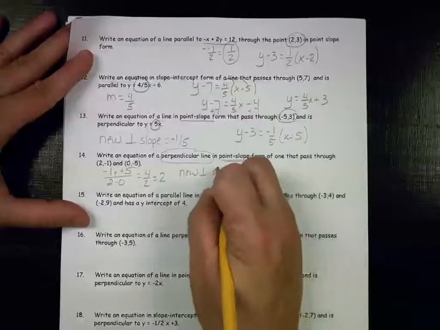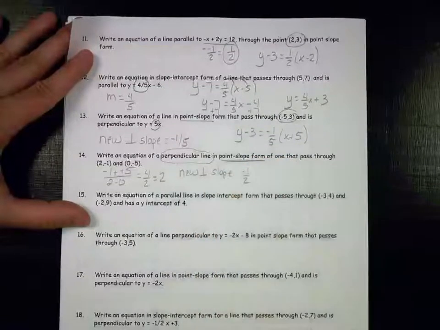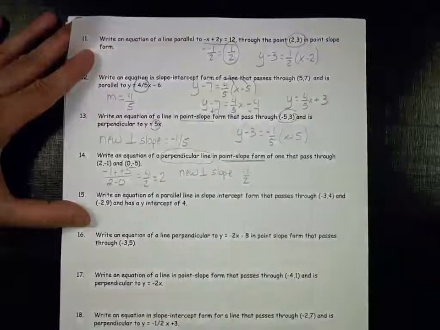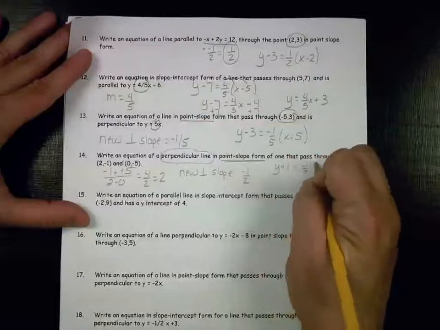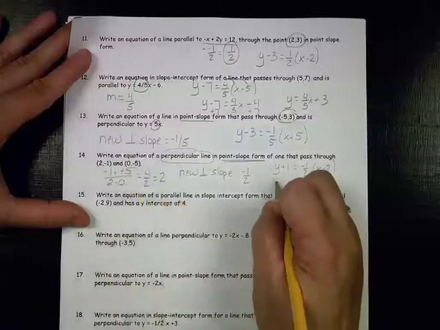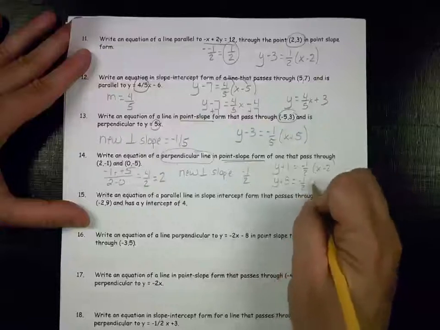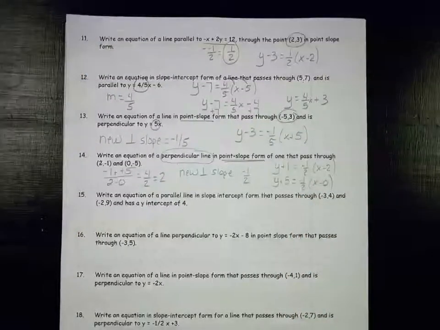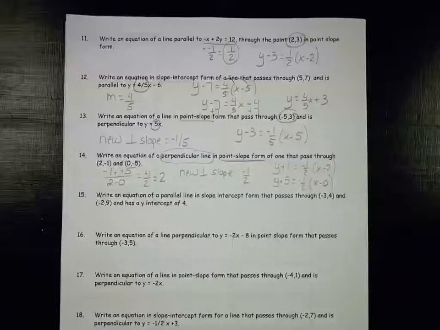So our new perpendicular slope will be negative 1/2. And you can pick either of those points. You could do y plus 1 equals negative 1/2 x minus 2. Or you could pick the second one, y plus 5 equals negative 1/2 x minus 0. You don't need both of those. Either one is fine. And point slope form, so you don't have to do anything else with that.